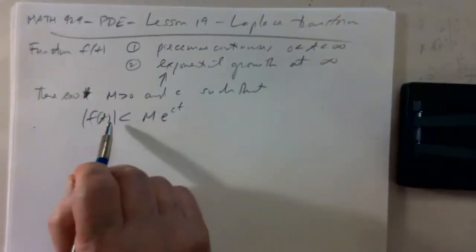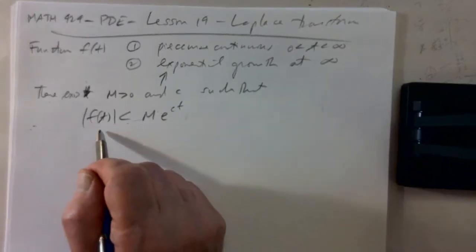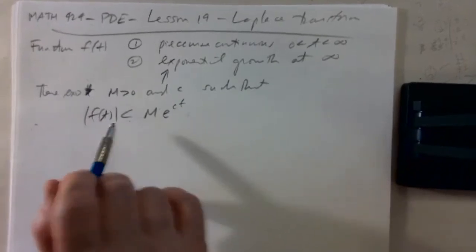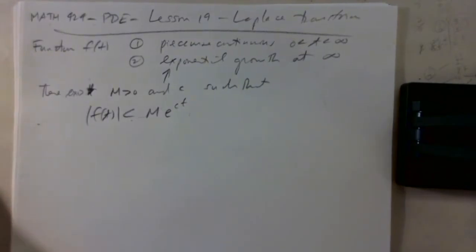So you have an upper bound for the absolute value of f of t, some constant times some exponential function. Almost every function we deal with has this property. Exponential functions do, trigonometric functions, polynomials, and so forth.